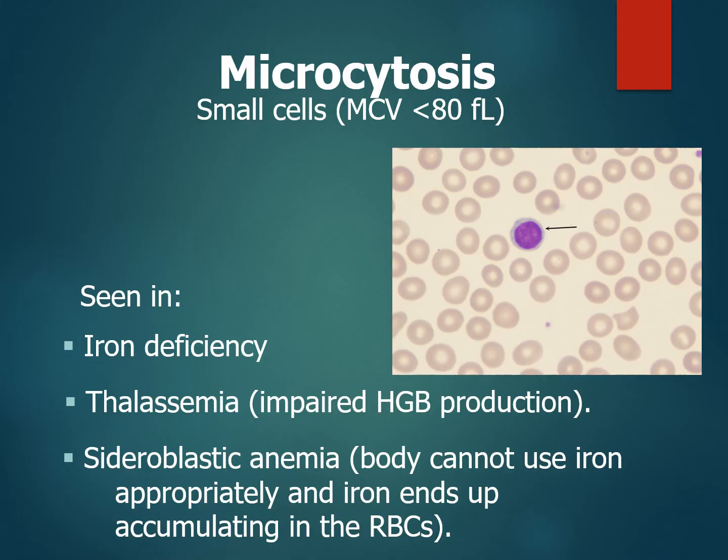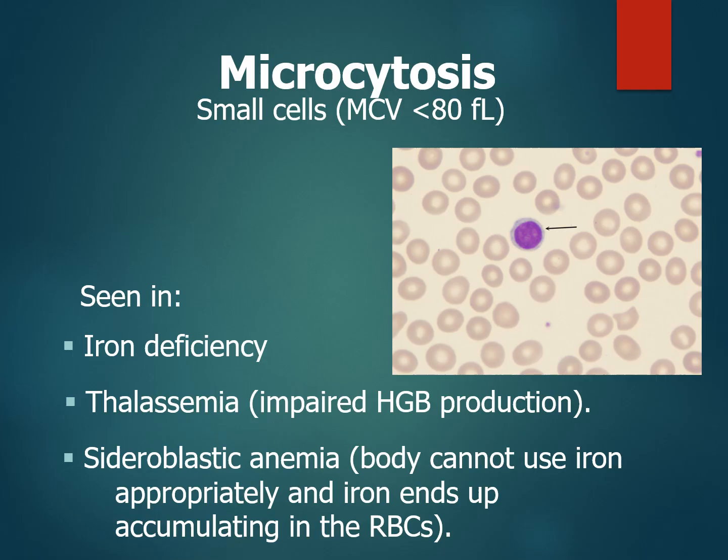Now that we know what microcytosis is, remember they're small cells with an MCV of less than 80 femtoliters. Let's talk about when we see these microcytes. The most common time we see microcytosis, or microcytic red cells, or microcytes, all of those words can be used in this capacity, is in iron deficiency. That is the most common. We may see them in thalassemias.